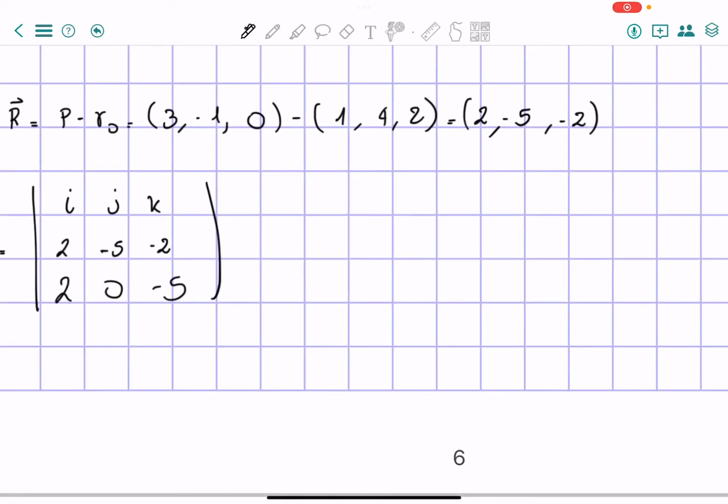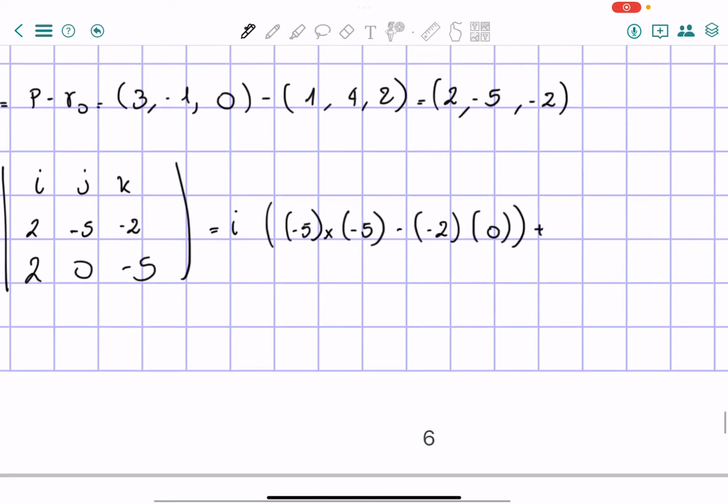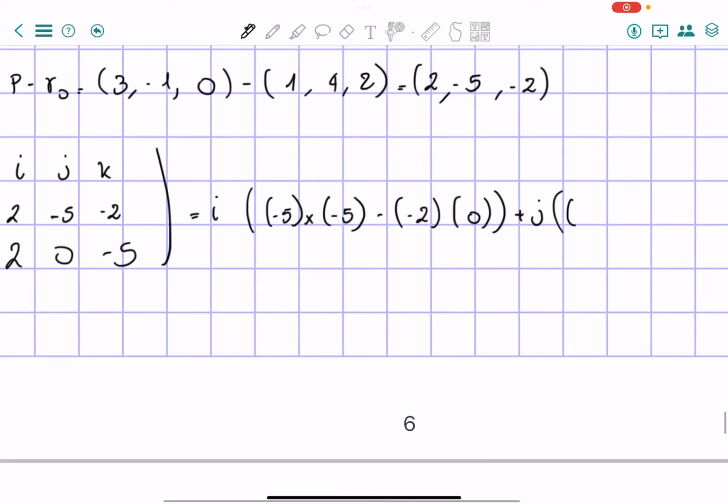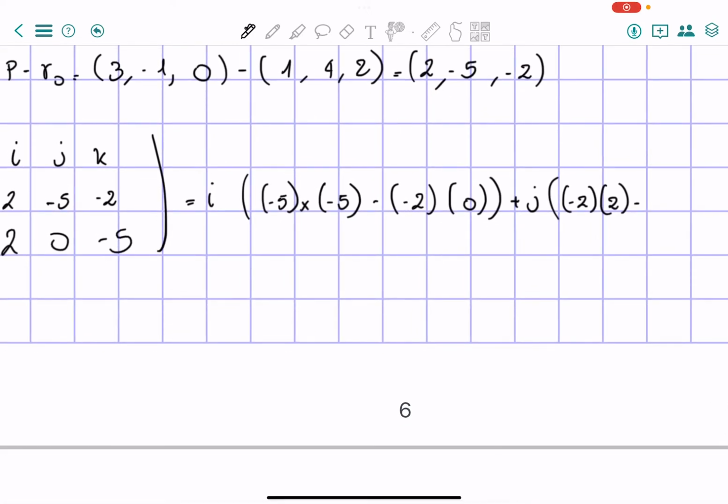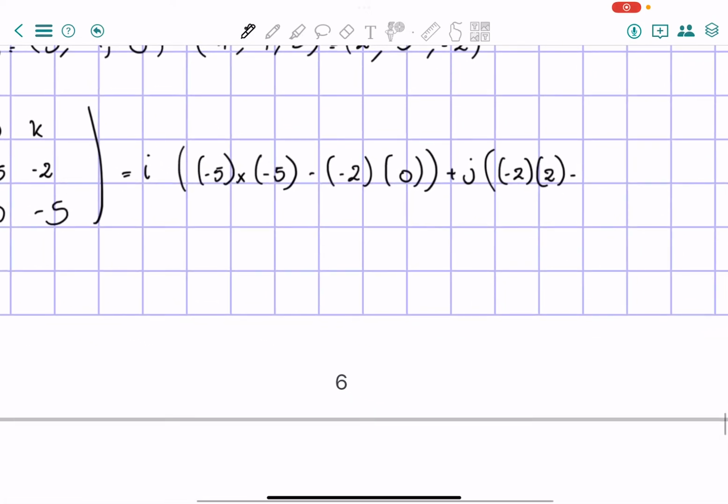So let's solve this one. We get i times negative 5 times negative 5 minus negative 2 times 0, plus j times negative 2 times 2 minus 2 times negative 5.